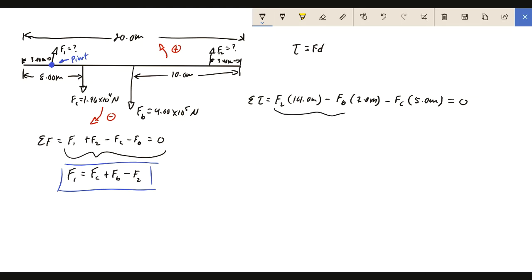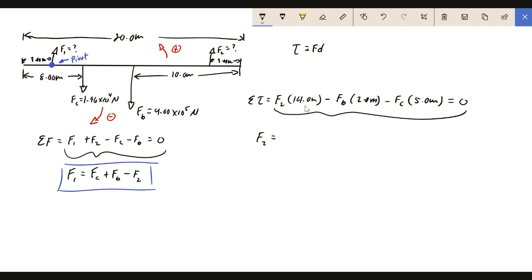If I look at this part right here right now, then you can see that you have everything except for F2. So if I take this side and I solve it for F2, I can add this to the other side, this torque for FB. I can add this to the other side, and then I'll divide by my 14 meters.